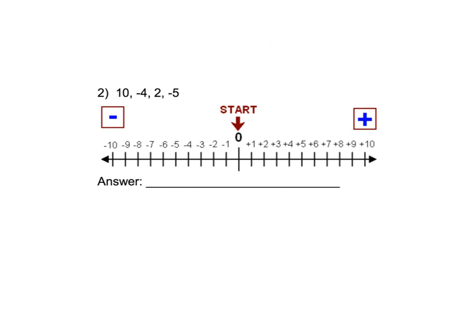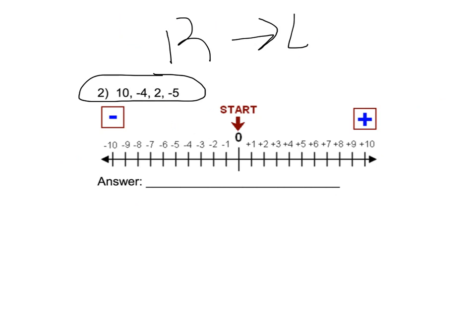Here's our second example, and we're still doing greatest to smallest, biggest to smallest, greatest to least, all the same thing. And we have to go from right to left. So this time my numbers are 10, -4, 2, and -5.